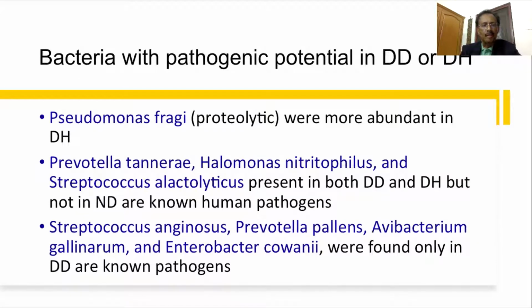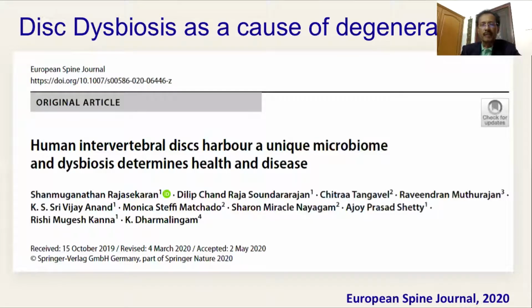Whereas bacteria with pathogenic potential, like Pseudomonas fragi, Prevotella, Streptococcus and Prevotella pallens, were present only in the degenerated and herniated discs. This is what we reported last year in the European Spine Journal: that human intervertebral discs harbor a unique microbiome, and dysbiosis determines health and disease.